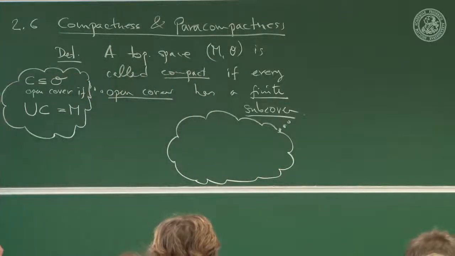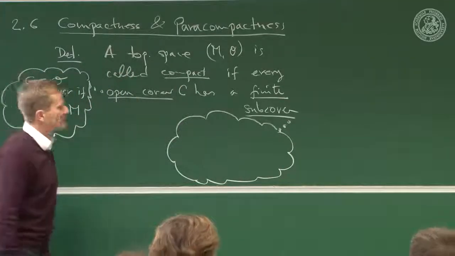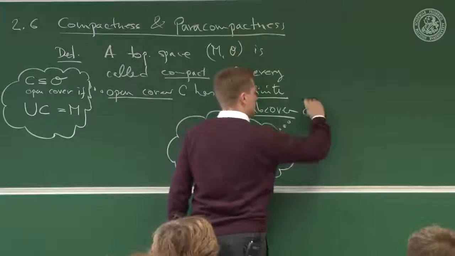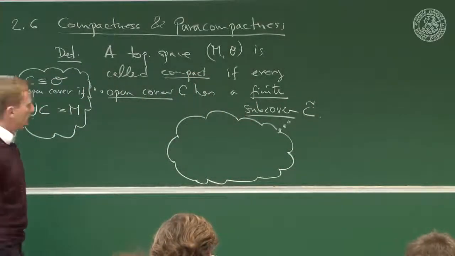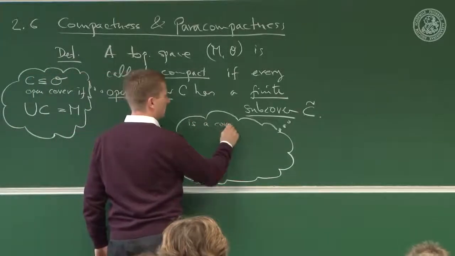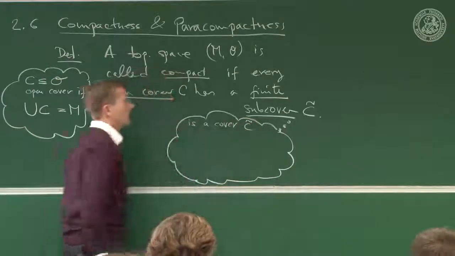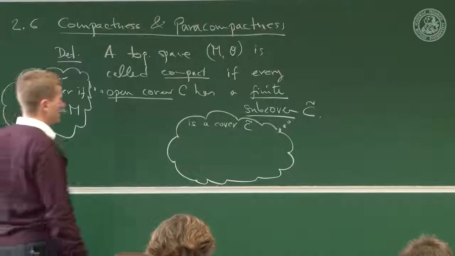So let's be more specific. If every open cover C has a finite subcover C twiddle. A finite subcover is a cover C twiddle. So a subcover is not less than a cover. It's certainly as well a cover.